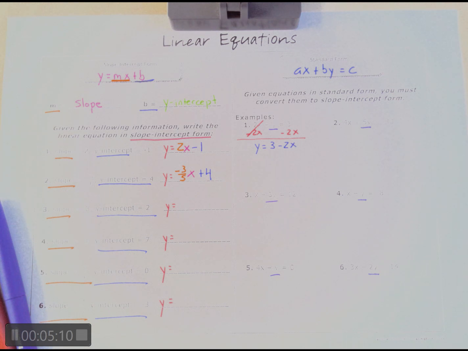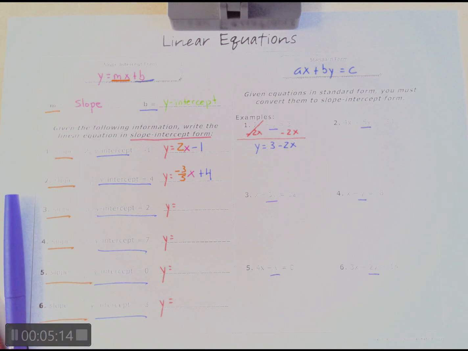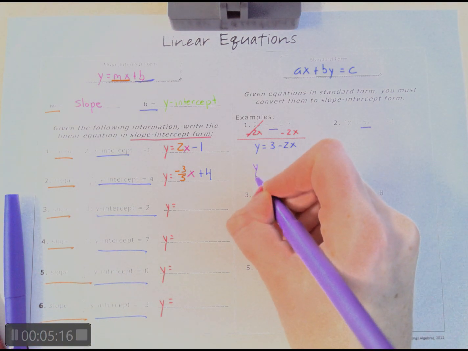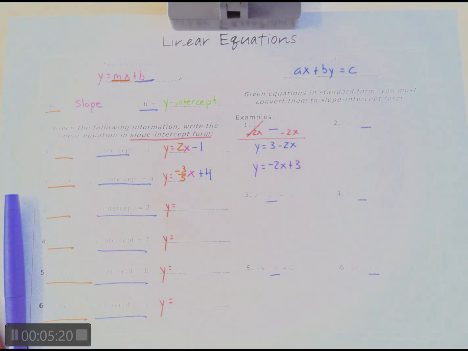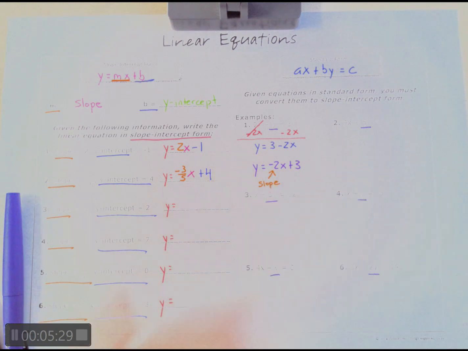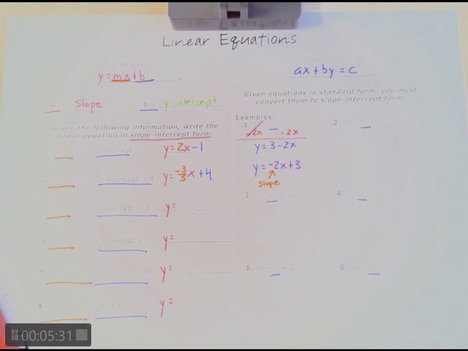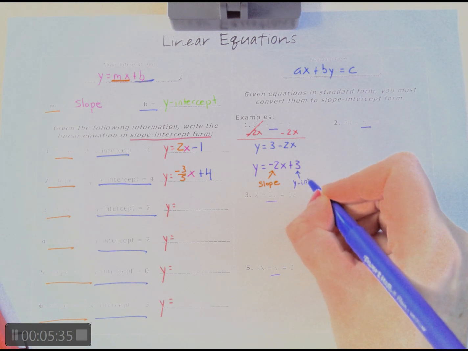Not quite, because our slope goes first. So I need to change it so that my slope goes first. So negative 2x plus 3. Now it is in slope-intercept form because my slope is that negative 2, and my 3 is my y-intercept.